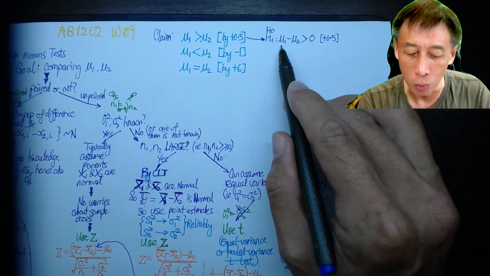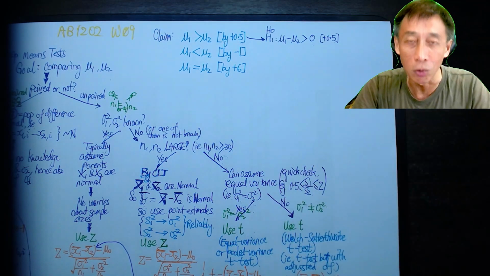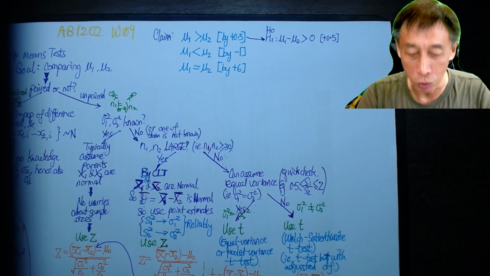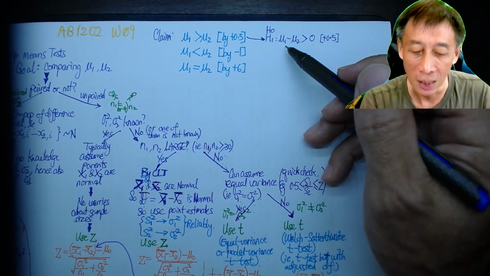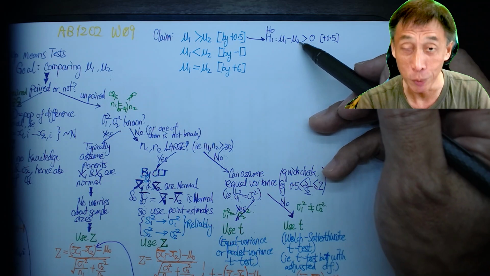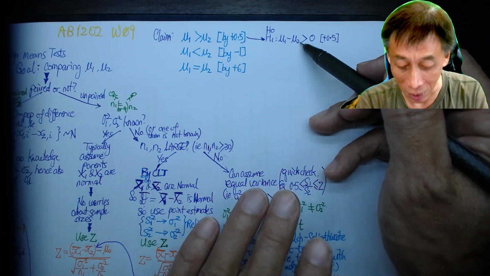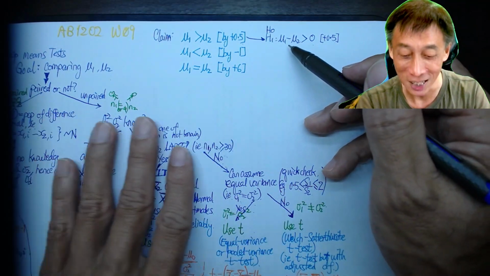and don't change to mu A minus mu W greater than 0, because some students like to contextualize it. So if university A and university W, then they say mu A and mu W. For me, I would rather just say, let mu1 be the population mean GPA of University A, mu2 be the population mean GPA of University W. Then I come back to my notes, which are always written in 1 and 2.